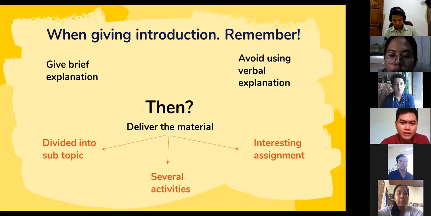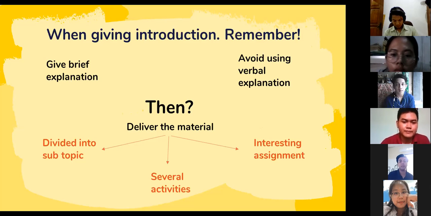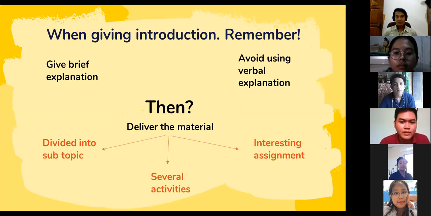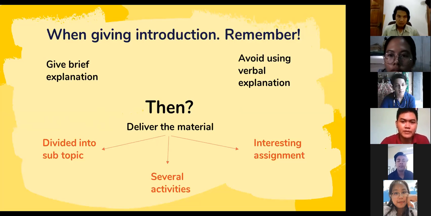The first one is we as a teacher can divide the material into subtopics or several sections. This is to make the students not confused about the material and easier to understand.